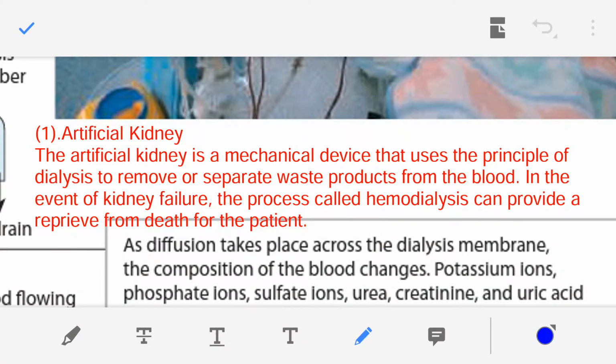Artificial kidney is a mechanical device, and it uses the principle of dialysis. And what is this dialysis principle?